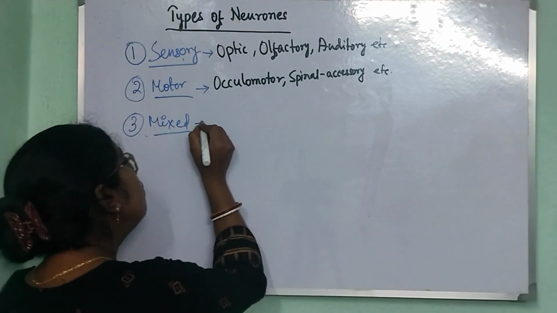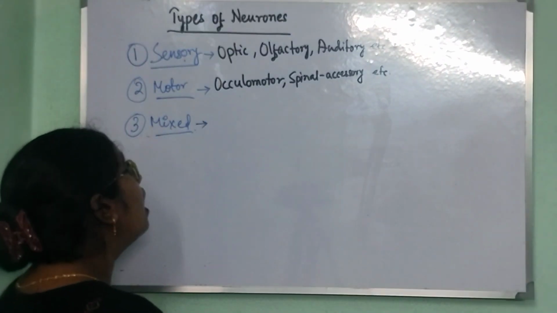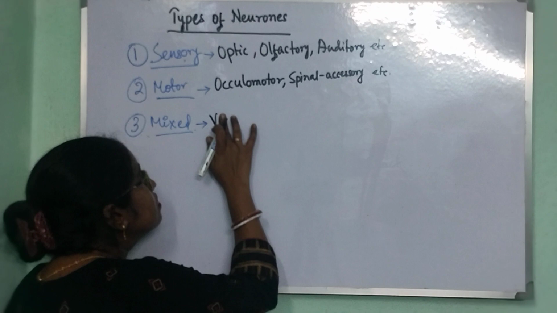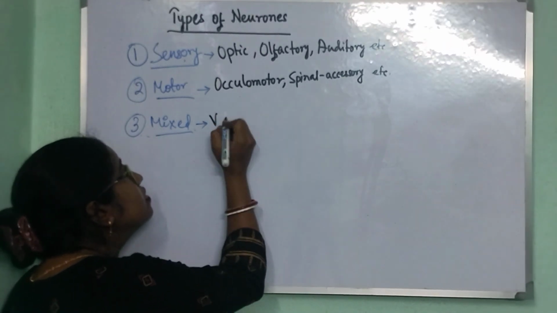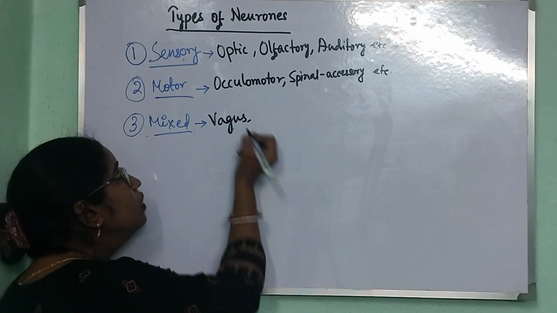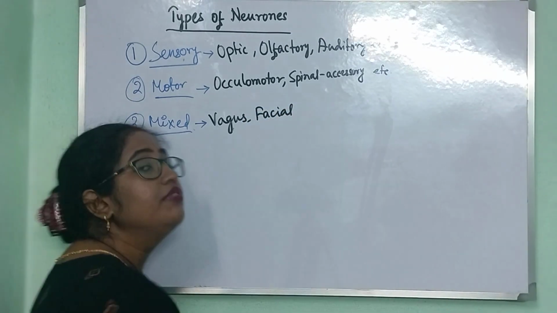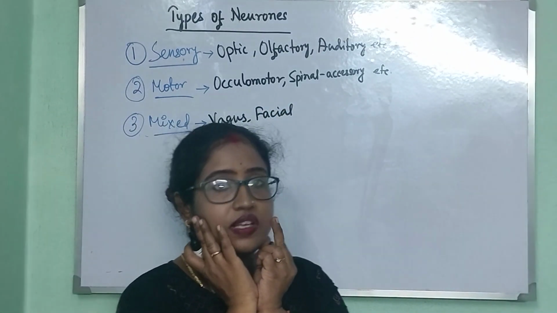The examples of mixed neurons are the vagus neuron or the facial neuron. We have a facial neuron in our facial part.